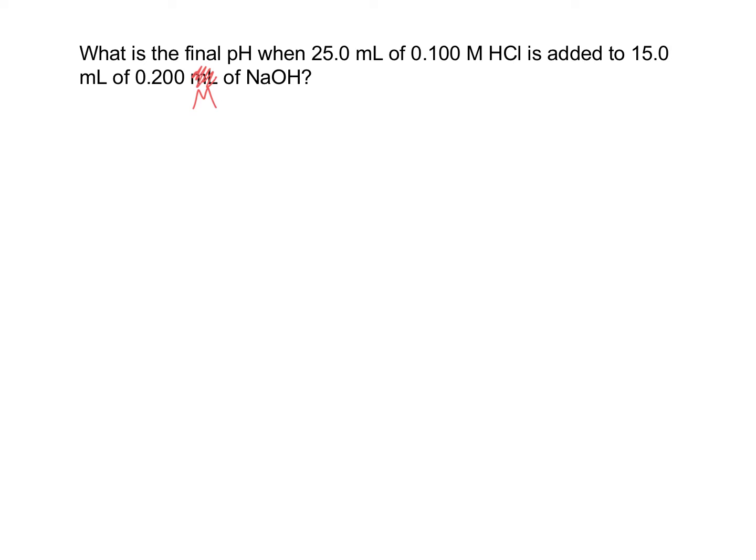Alright, so we determined that we had 0.0005 moles of hydroxide ions left over at the end of that reaction. And so to get the concentration, or the molarity of the hydroxide, I need to divide the moles by the total volume. So the moles is what we calculated from our BCA table.